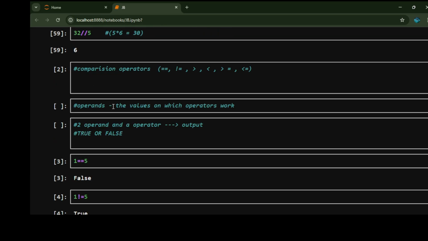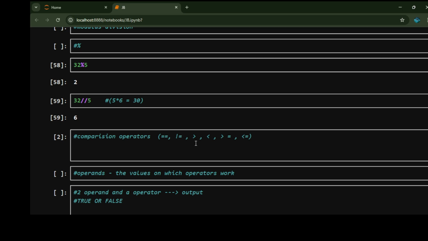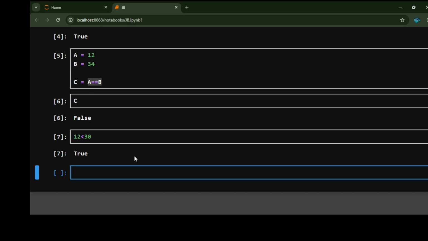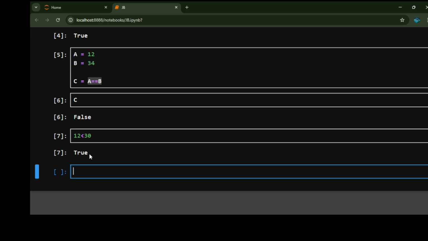The next ones are greater than and less than. We already know about those. Let us do some examples. 12 less than 30. Executing it, it gives true. What does it mean? Here we are checking that the left hand value is less than the right hand value. If this is the condition, then the whole result will be true, otherwise we will get false.